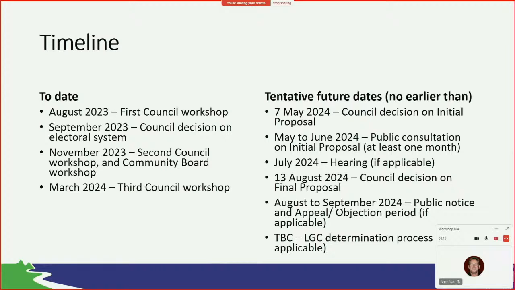Council will then consider those submissions, make a final proposal to the community and notify that. People who submit on the initial proposal have the opportunity to appeal or raise an objection, and in that case, the Local Government Commission will make a determination. Those timeframes on the right-hand column are tentative only and no earlier than based on the timeframes that we're currently adhering to.